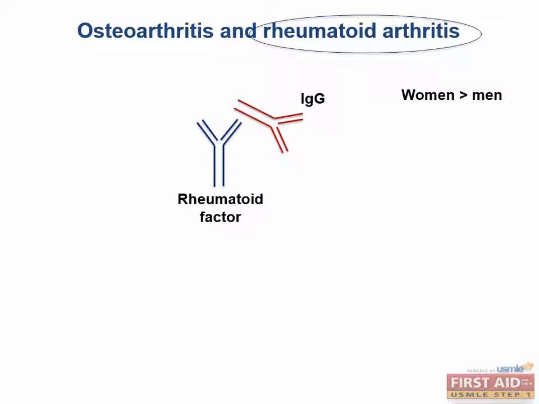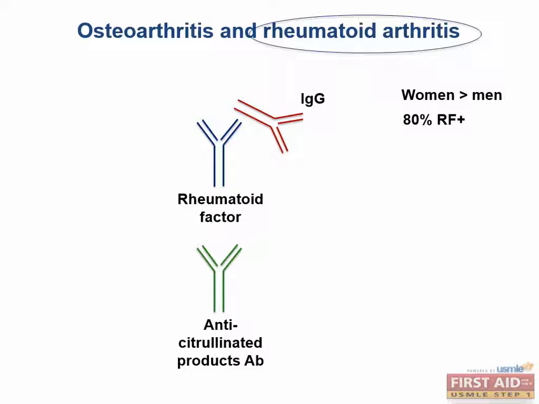However, only 80% of the people with this disease actually are positive for rheumatoid factor. So while it's important to know, it is not necessary to make the diagnosis. There's another antibody called the anti-CCP antibody, or cyclic citrullinated products. These CCP molecules are thought to be involved in the inflammation that happens in the joints of people with rheumatoid arthritis.